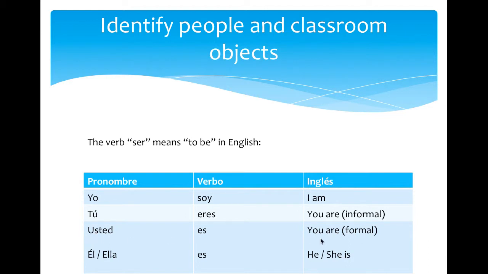Usted is you, but in a much more formal sense. So this could be with a boss, with a teacher, maybe even a grandparent. And then finally here, él es, ella es. Él is referring to he, ella is referring to she.